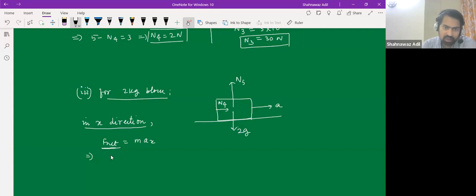Sir, N4 is positive. Yes, N4, and do we have any other forces in the X direction? A is the acceleration part on the right hand side. So then, as Rishita was saying, N4 would be 2 into 1. That is what we got in here also.